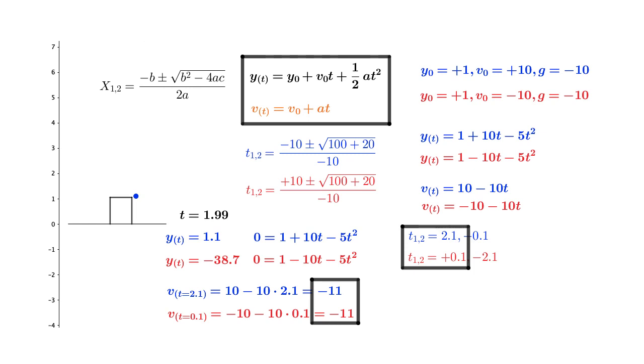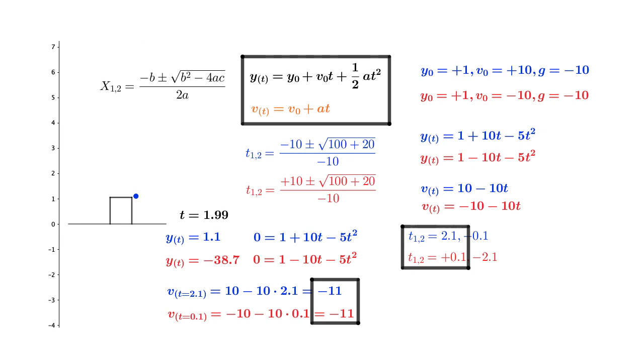In other words, from the moment when the blue ball left the height of 1 meter facing upwards until it reached the height of 1 meter facing downwards, the time taken was the total time of the blue ball, 2.1 seconds, minus 0.1, or 2 seconds. In other words, it took 2 seconds for the blue ball to arrive back at its initial location.